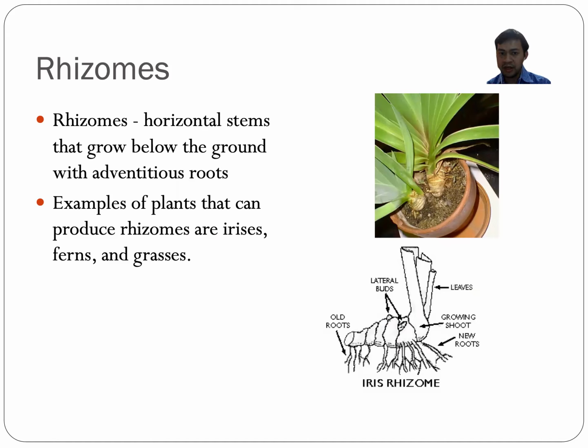Rhizome is not the root but the stem, and it grows under the ground. For example, plants that have rhizomes are iris, ferns, grasses, and if you remember, maybe ginger, temulawak, and also kunyit.